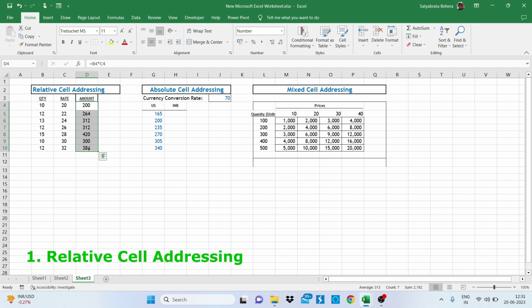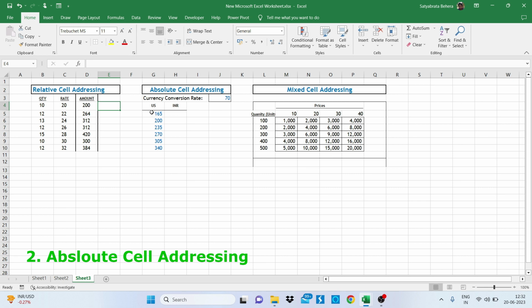So now we got the amount of the particular quantity depending upon the rate, where the rate is also changing across the different rows. So in relative referencing, the cell that we are referencing is also changing as per our requirement. Next we will discuss absolute cell addressing.